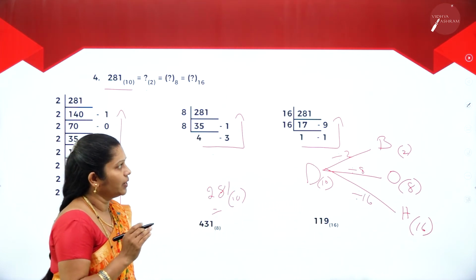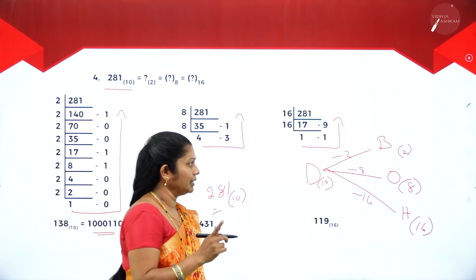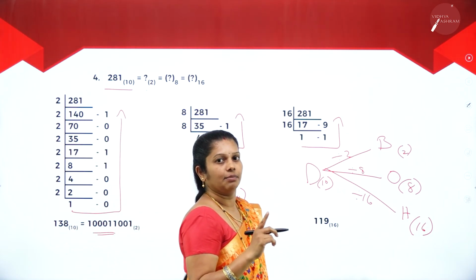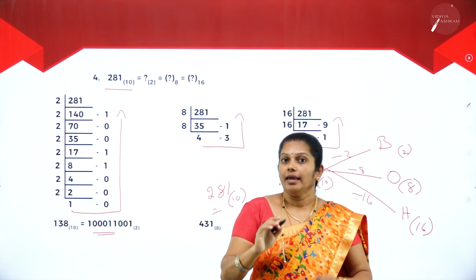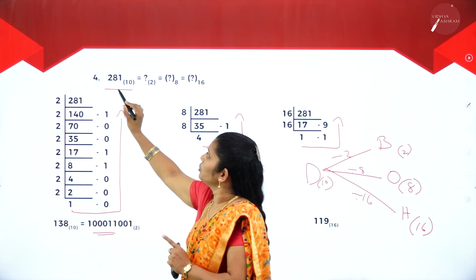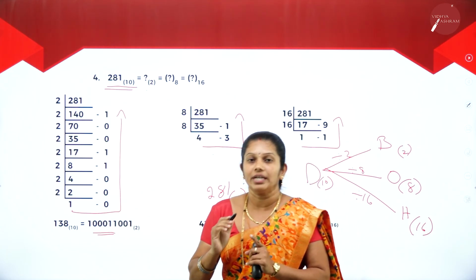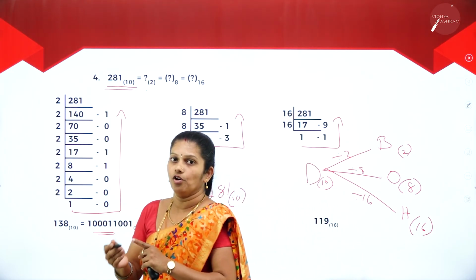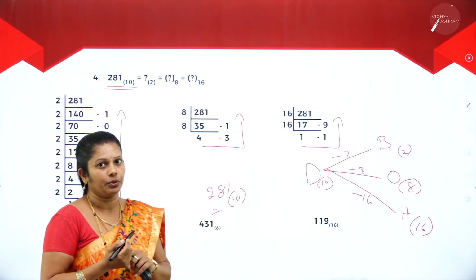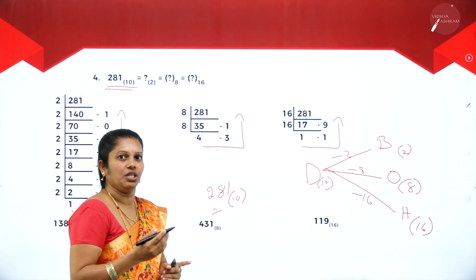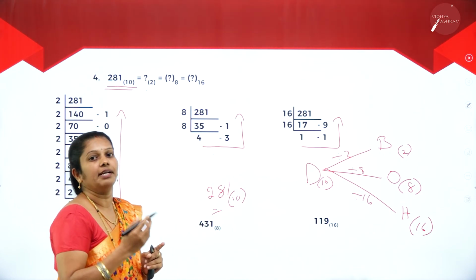In today's class, you have learned 3 methods: decimal to binary, decimal to octal, decimal to hexadecimal. Here, one thing you observe: we are not using the fractional part, only the integer part. For the integer part, how to perform it you came to know in today's class. Whereas if you have a fractional part, then we have to follow a different method.